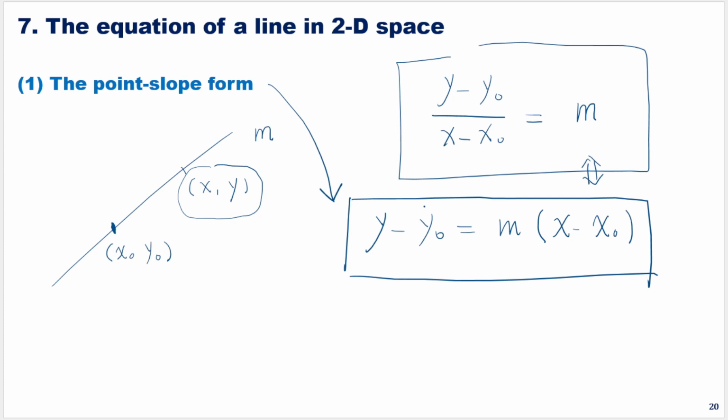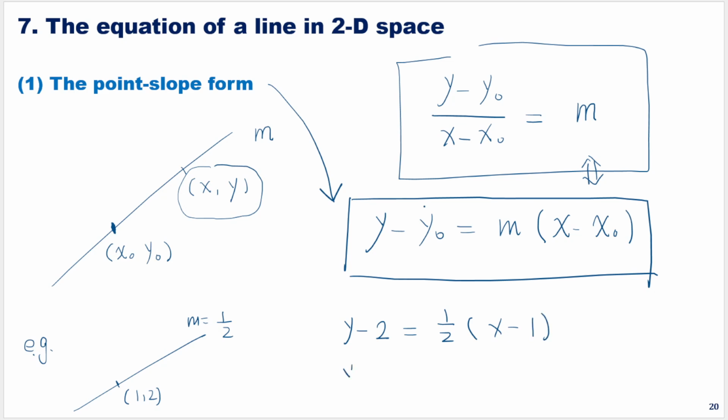All right? For example, if you know a line crosses the point (1, 2) with a slope of 1/2, then we could write the equation of this line in this way: y minus the given y coordinate equals slope times x minus the given x coordinate.